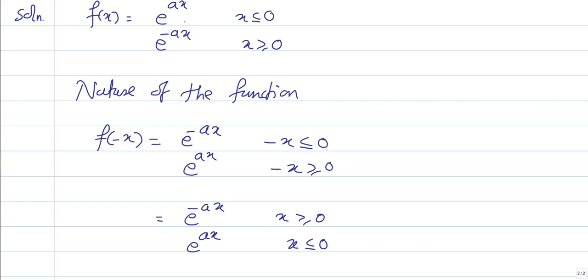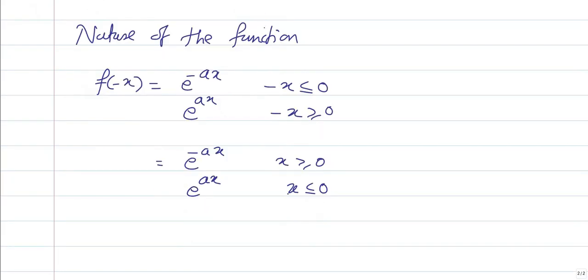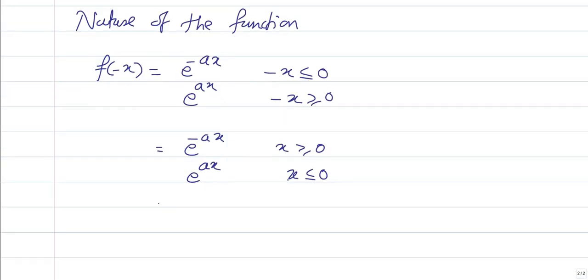Whenever x is less than or equal to 0, the function is e raised to ax. Same thing here. For x less than or equal to 0, it is e raised to ax. For x greater than or equal to 0, it is e raised to minus ax. So what we understand from this is that f of minus x is equal to f of x.